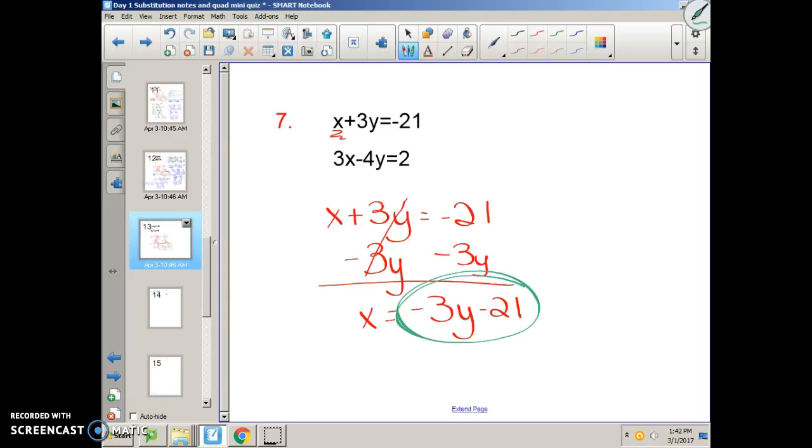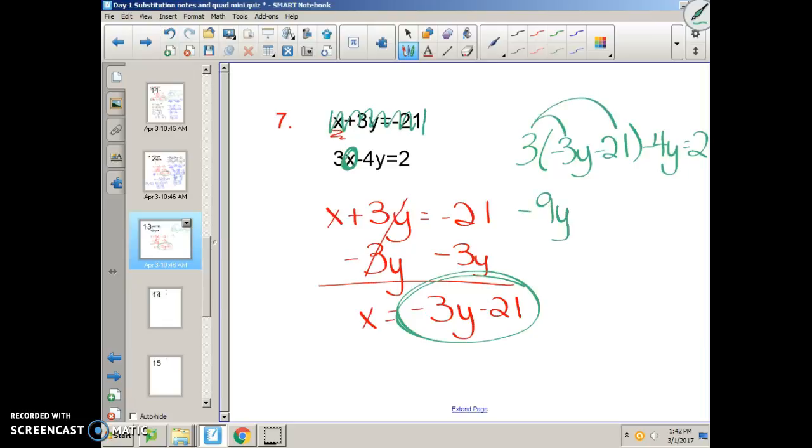X is now equal to that. I did all that work, so let's get rid of our original. Take that -3y minus 21 and plug it in right there for x. 3 times -3y minus 21 minus 4y equals 2. -9y minus 63 minus 4y equals 2.